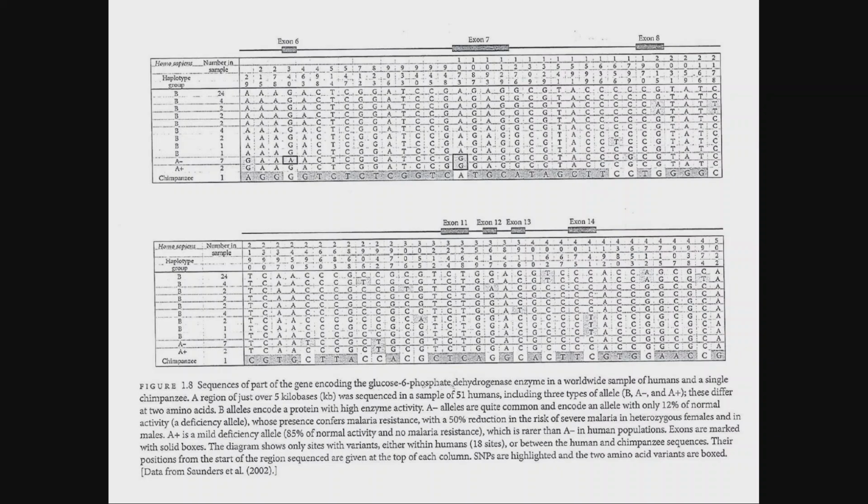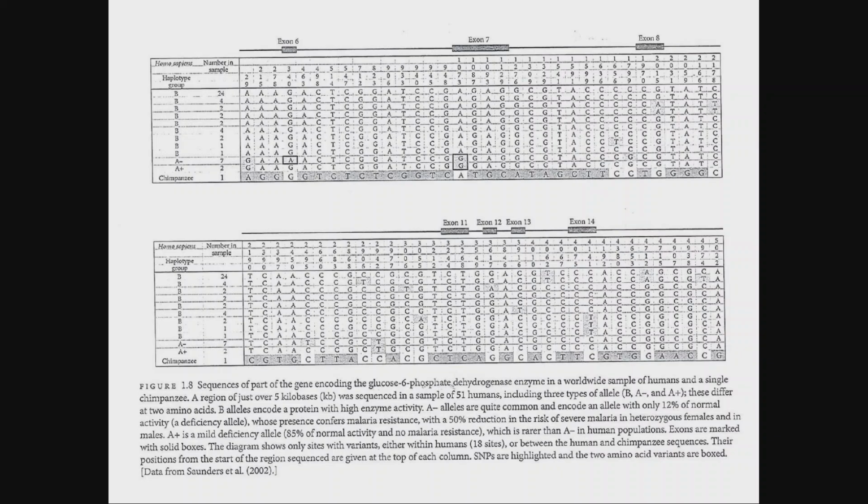So maybe we can look at this one. Maybe you can't see it, but this would be highlighted in the original figure. So there's a T here. 4 people had a B haplotype with a T, but everyone else who had a B allele had a C at this position. This would be a single nucleotide variant or a SNP, a single nucleotide polymorphism, okay?